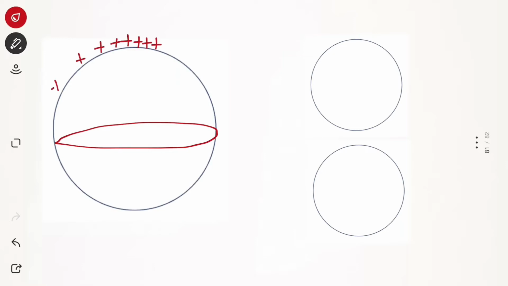Here we have a sphere, and this plane is where we have theta equals 90. On the upper side we had maximum positive charge, and as we go down the charge distribution was decreasing, and at last at all these points it was 0. Similarly on the right hand side the charge distribution was decreasing. Similarly on the lower hemisphere we have more negative charge here, and as we go up the charge density decreases, and at last it is 0 at theta equals 90 degrees.